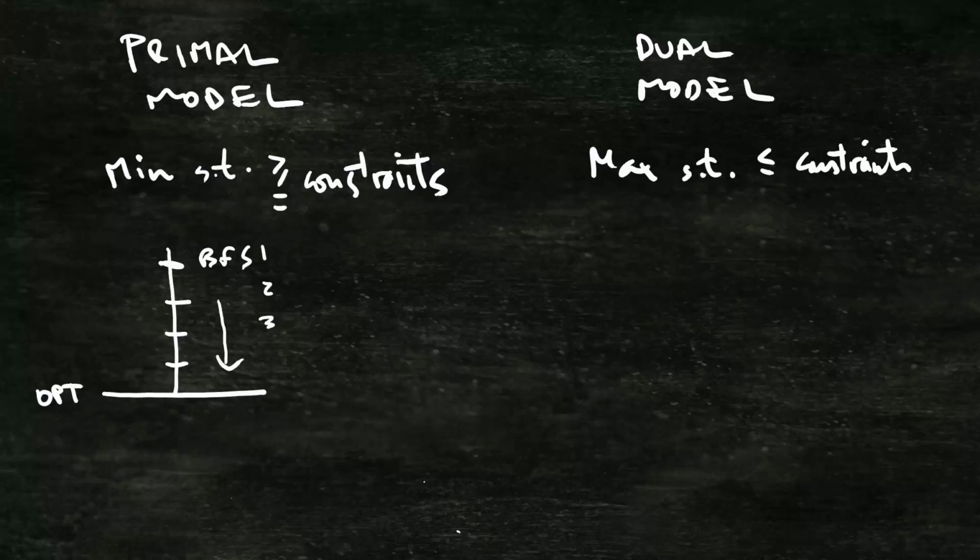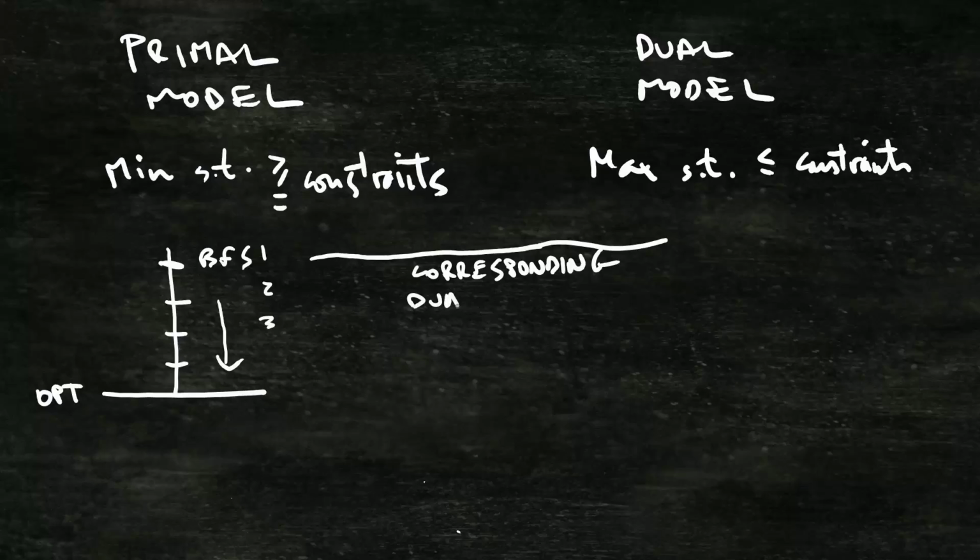We're minimizing. Now, for every basic feasible solution, there's a corresponding dual. But the dual will be basic, but it will not be feasible.